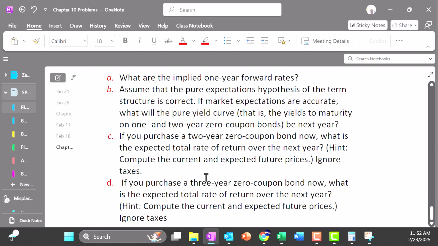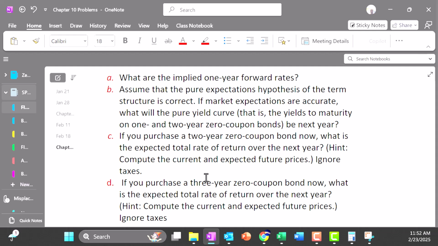Assume that the pure expectations hypothesis of the term structure is correct, which means future rates are going to be exactly what the rates implied by the forward curve. What will the pure yield curve be next year?